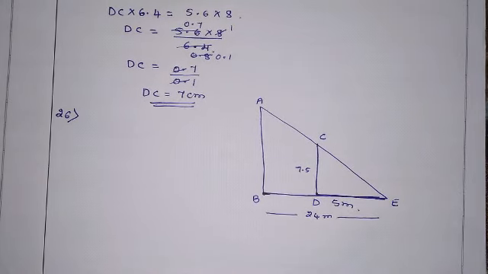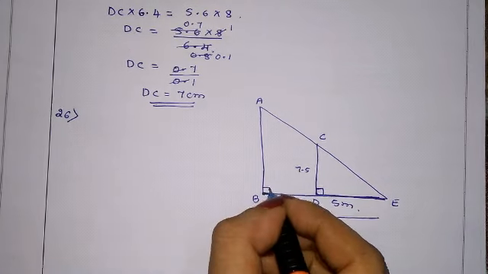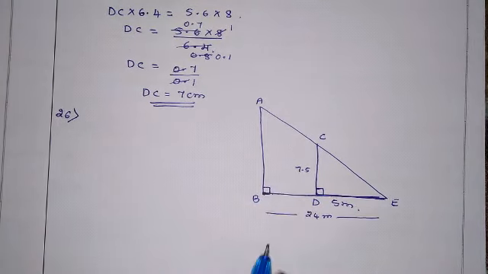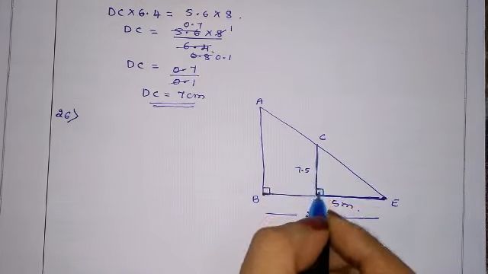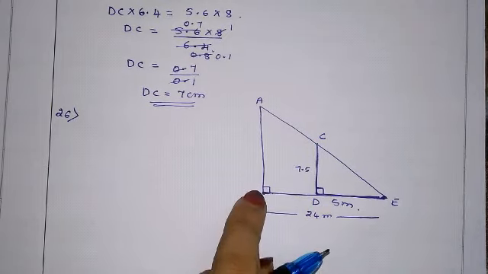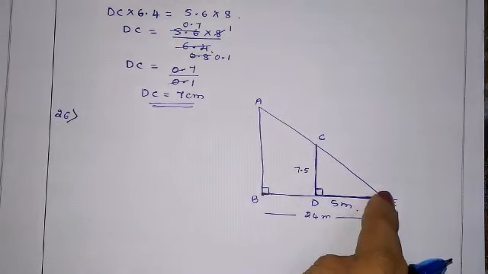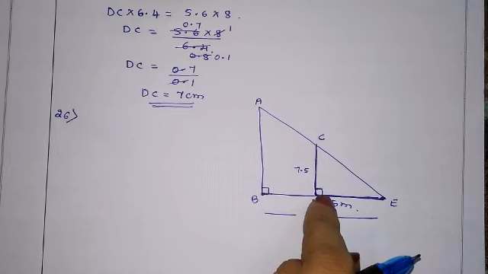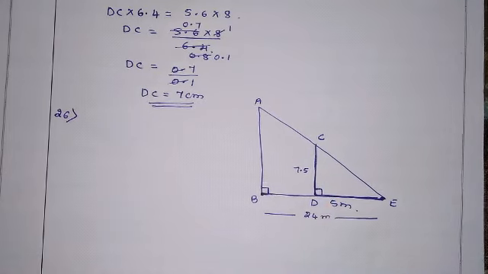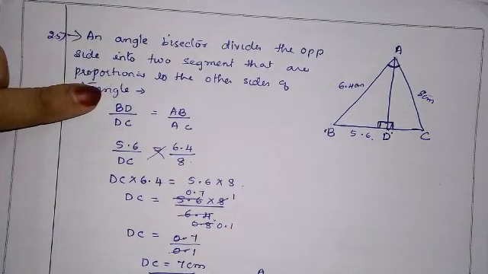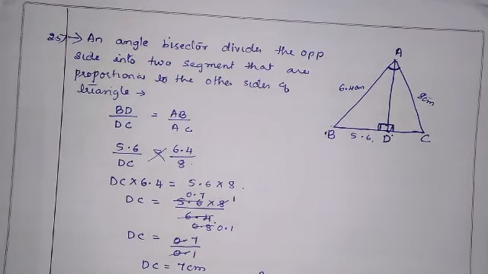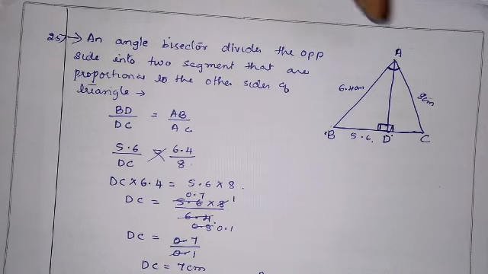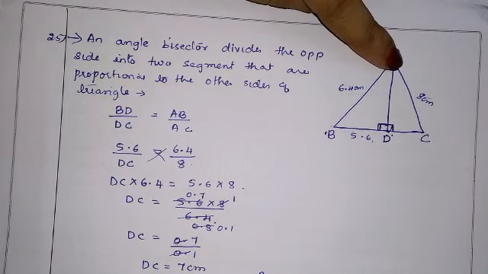Now let me start solving this. Here we can even use BPT because CD is exactly parallel to AB, right? So we can do BPT also, or we can do AA similarity also. Here, as I have done with the angle bisector theorem, which you have learned already in your previous classes, or we can do AA similarity also.